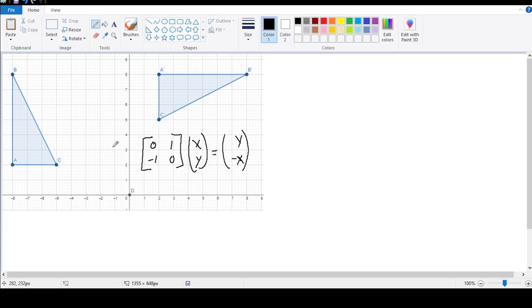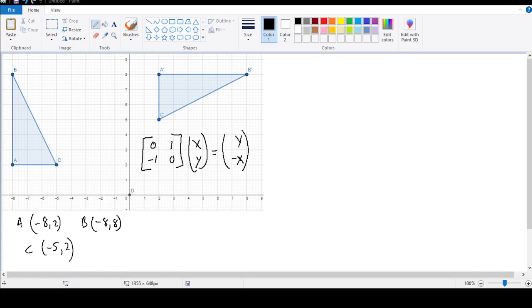Remember the 3 points here. A was the point negative 8 and 2. B was the point negative 8 and 8, and C was the point negative 5 and 2.